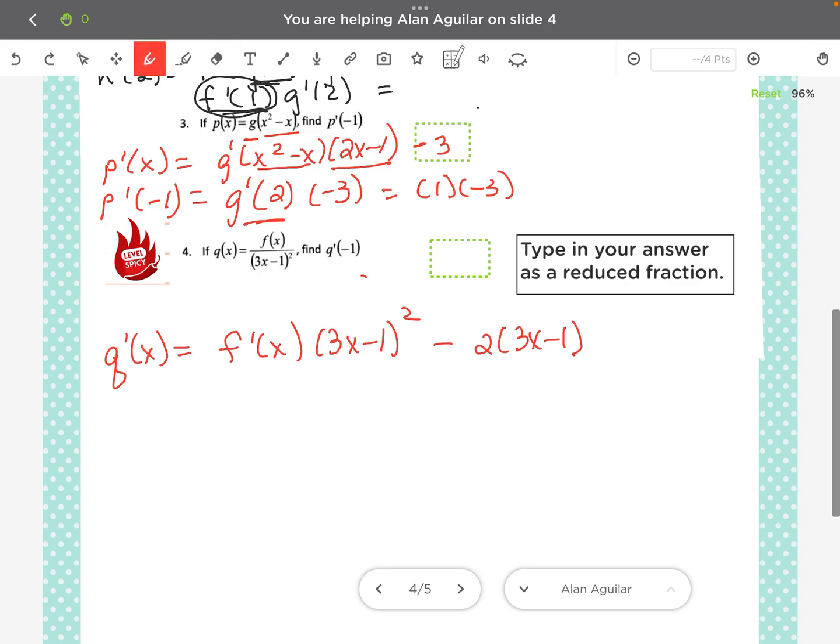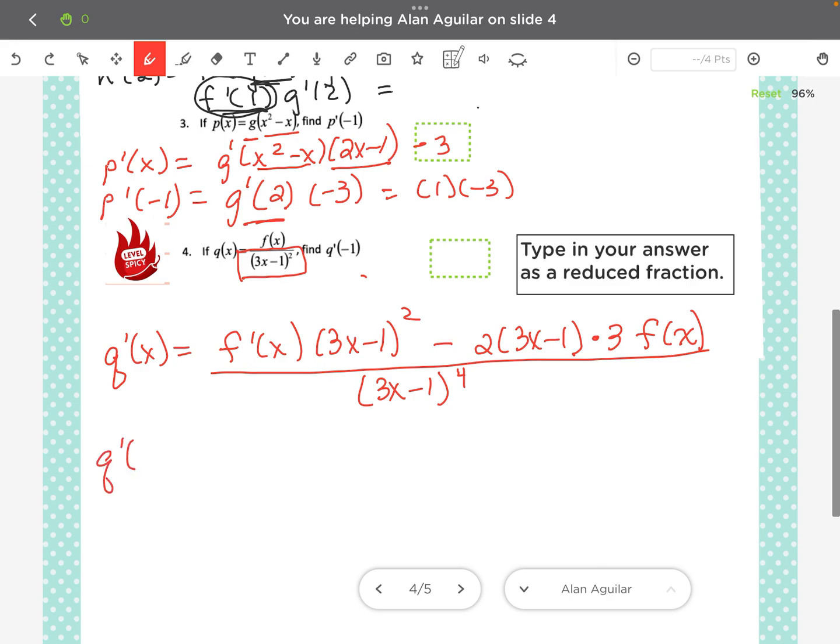So the derivative of the bottom, notice the function is 3x minus 1 squared. That is a 2-layer function. So if you bring down the 2, reduce the power by 1, and then don't forget chain rule on the inside. So that's the derivative of the bottom, and then we need to multiply by the top. And then all over denominator squared. So if I square it, that's going to give me to the 4th power.